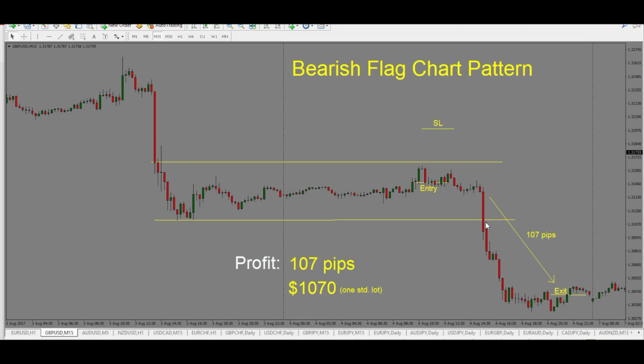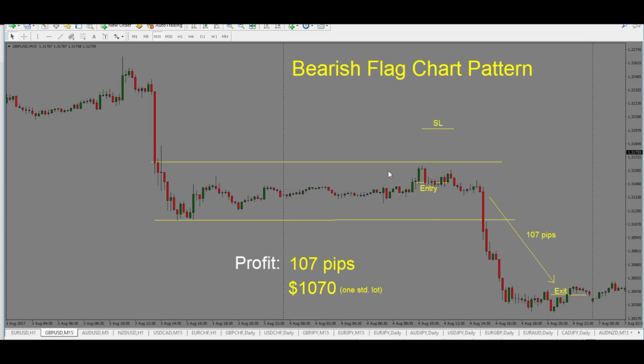So once the price pulls back into this level, because of this big momentum candle to the downside, we're looking for continuation in that direction. We want to take a trade when the price is pulling up so that we have a better stop, and we look for price to drop. So we enter here, our stop can go on the other side here, and we're looking for price to drop.